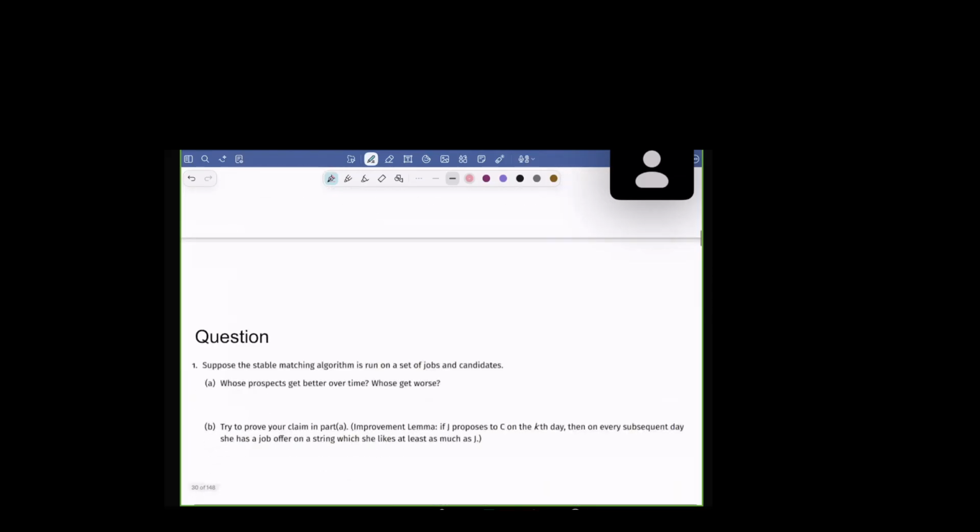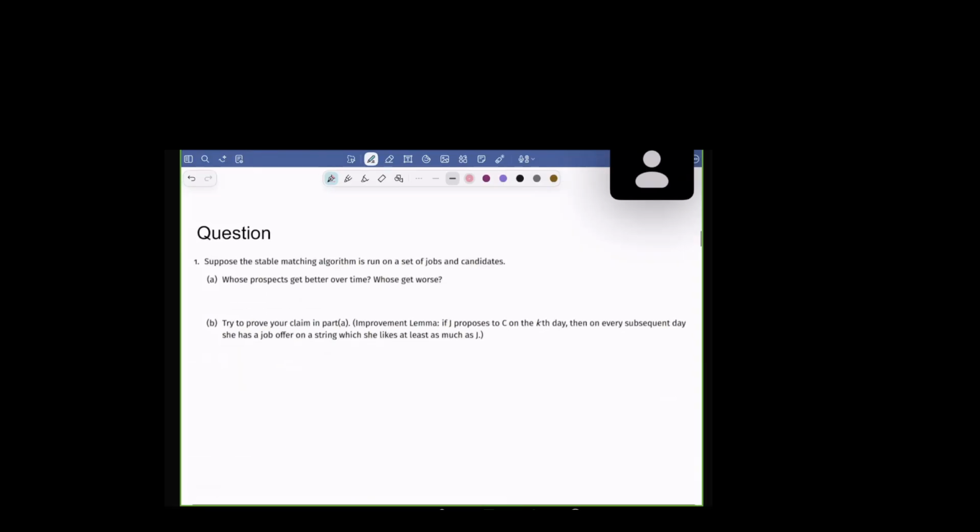All right, and then let's just move on. So we have a quick question. Whose prospects get better over time and whose get worse? For this question, it's a kind of conceptual question.